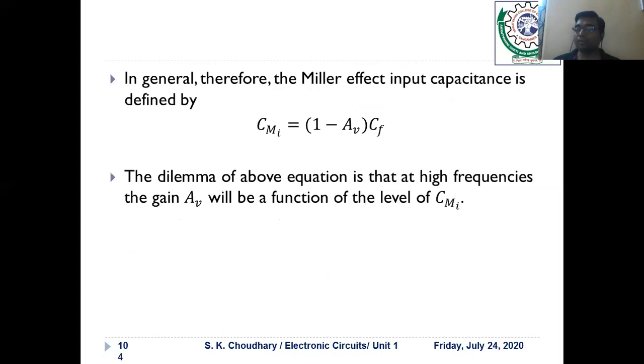At high frequencies, from this equation it is proved that the voltage gain is a function of CMI. Is it clear for all of you? Please reply.